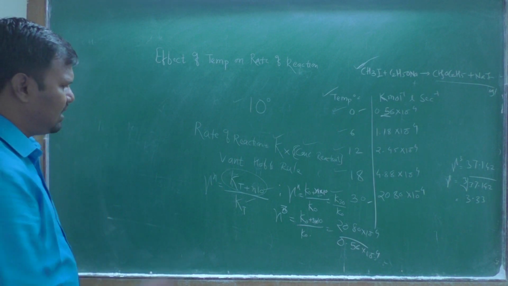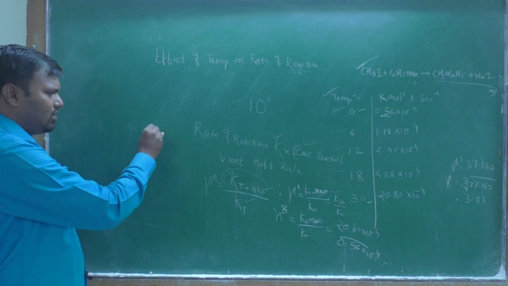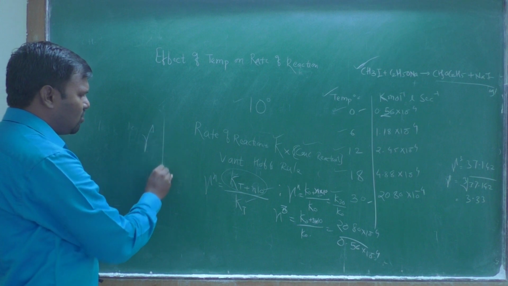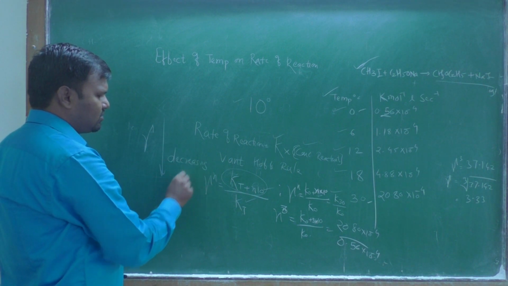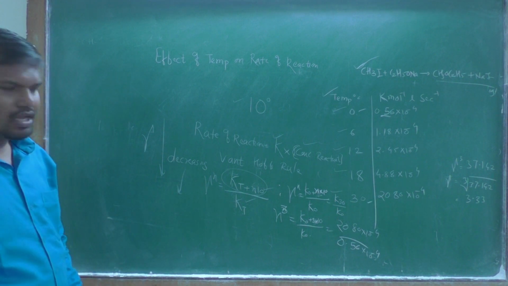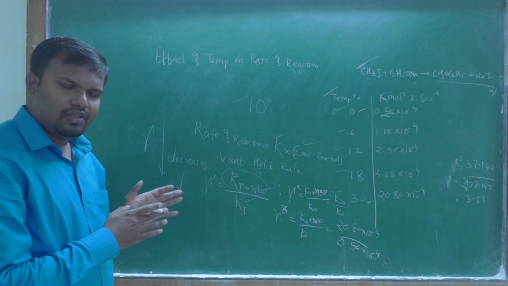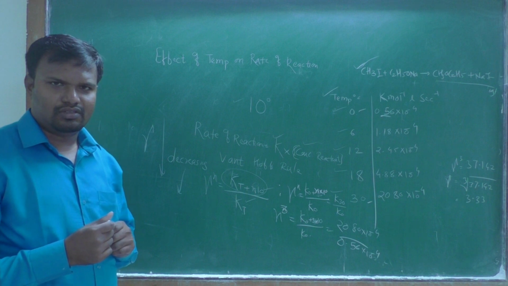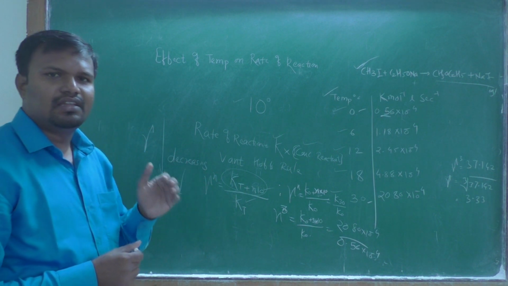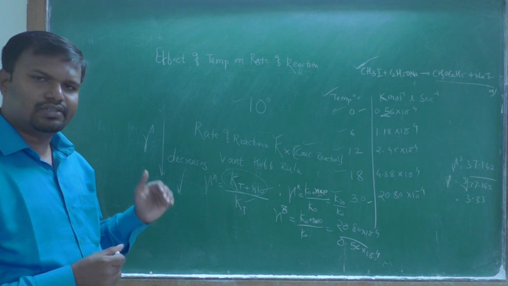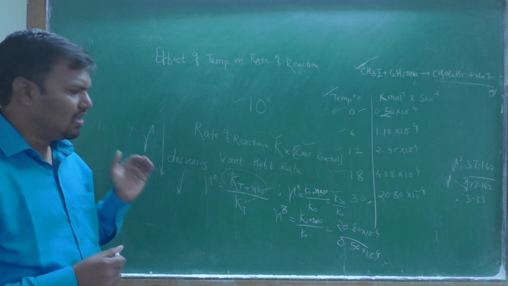Van 't Hoff found that the gamma value goes on decreasing as our temperature goes on increasing. Therefore, if gamma is less, then the rate of reaction will be higher.